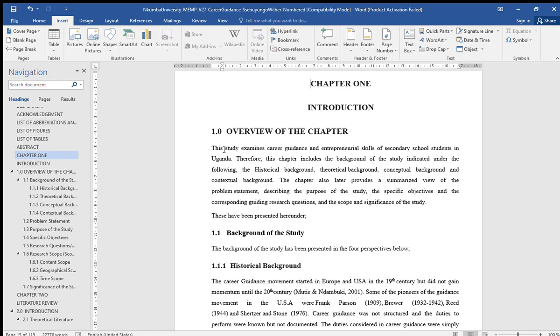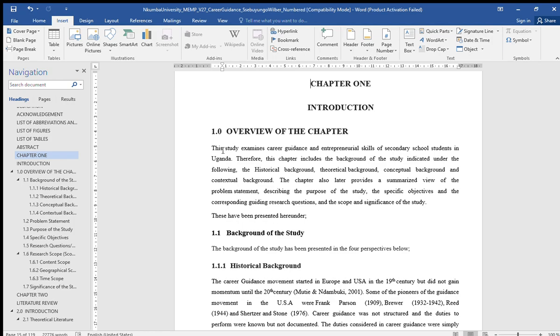Now you will say this, therefore the chapter will include, because you are talking about a proposal, you will speak in future tense, will include the background of the study indicated under the following: the historical background, theoretical background, conceptual background, and the contextual background. The chapter will also later provide a summary of the problem statement. Are you seeing that we have gone to 1.2? Then describe the purpose of the study, the specific objectives, and the corresponding research questions.